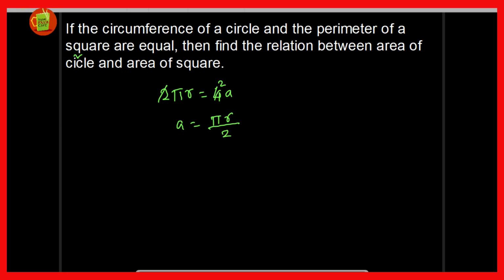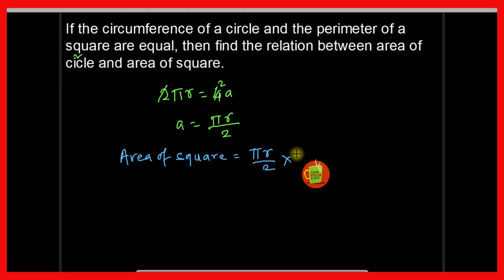So area of square. How do we find the area of a square? It is side into side. The side is pi r by 2, so it will be pi r by 2 multiplied by pi r by 2.